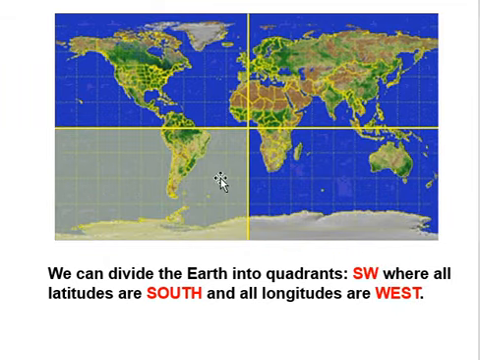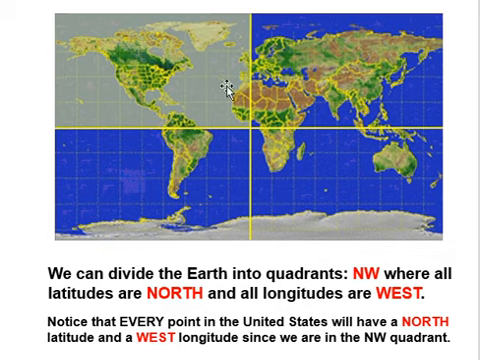South of the equator, this time to the west of the prime meridian, puts us in a southwestern quadrant. And north of the equator to the west of the prime meridian, this is where we live, is in the northwestern quadrant.